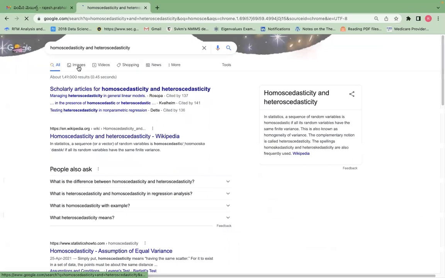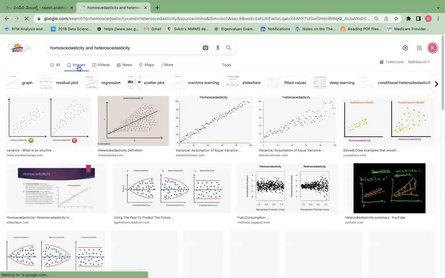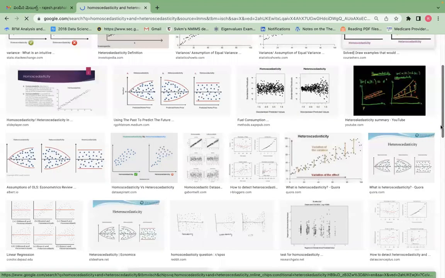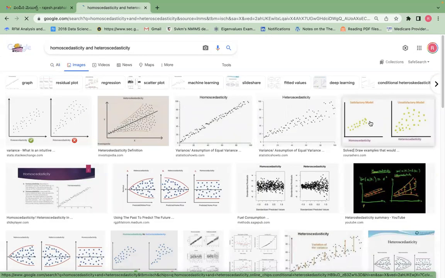So if I go to the images of homoscedasticity and heteroscedasticity, you can see here a satisfactory model and an unsatisfactory model plot.